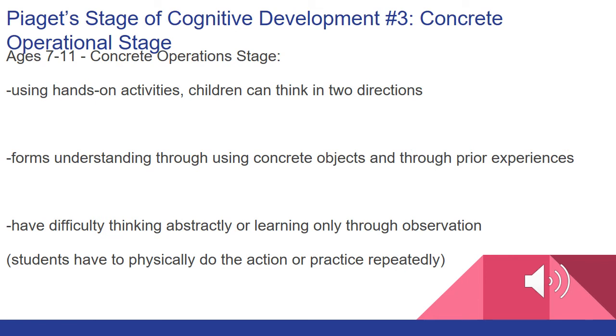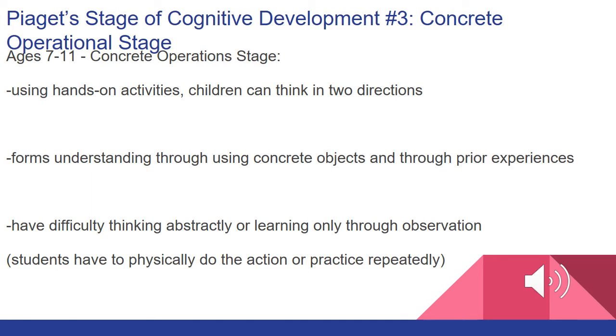The third stage of Piaget's cognitive development theory involves the concrete operational stage. This is when students are from ages 7 through 11. During this stage, students need hands-on activities to be successful in thinking in 2 directions.